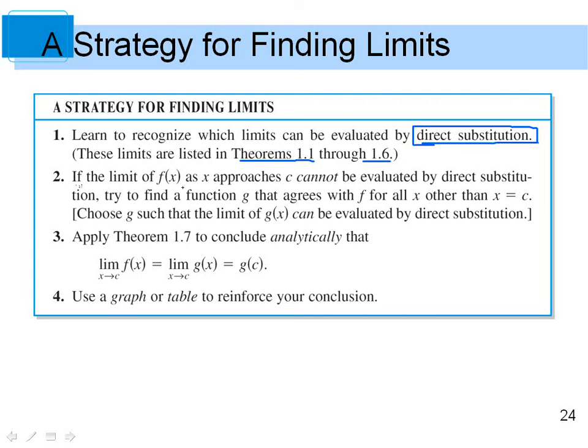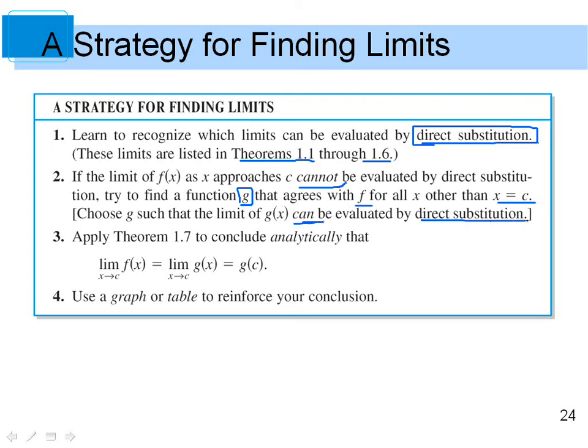If you've got a function that cannot be evaluated by direct substitution, such as that one where we had something that would have equaled 0 in the bottom of a fraction, one way to try to get the limit is to find another function, g, that agrees with f at every point other than just that one point. So in the last example, it was when x equaled 1. And so we choose g such that it can be evaluated by direct substitution.